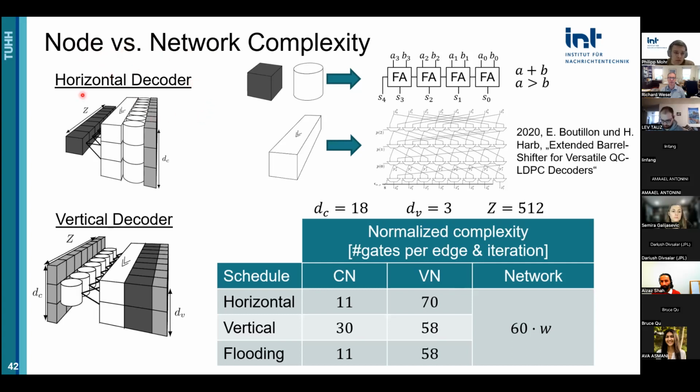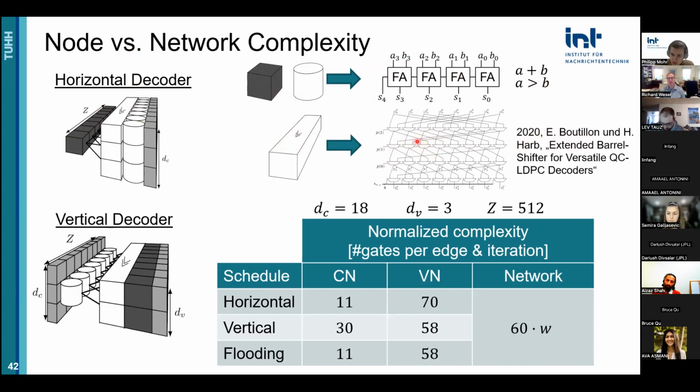And so we can now assign resources for those simplified models. So for those check node boxes, we can assign here complexity for additions and comparisons by using, in this case, a carry ripple structure. And for the barrel shifter, we use the results obtained in the work from Boutillon.